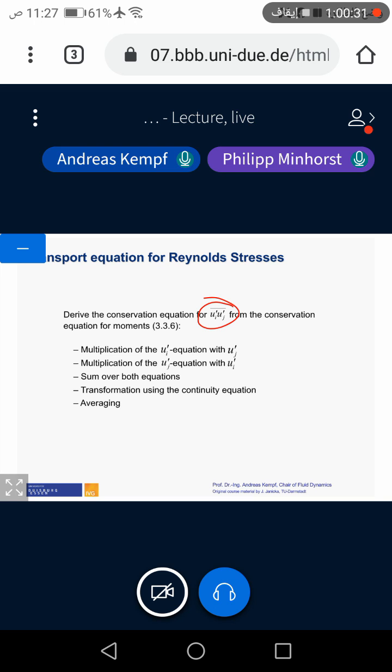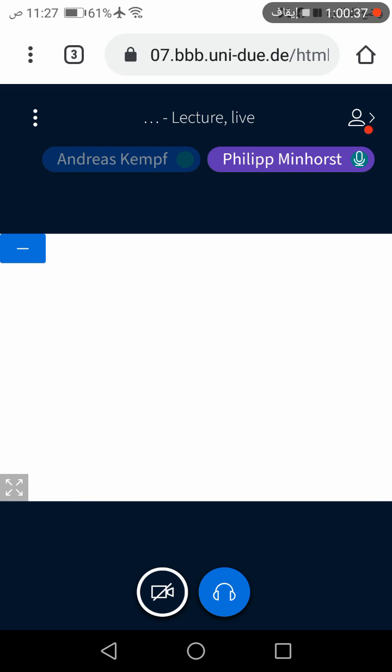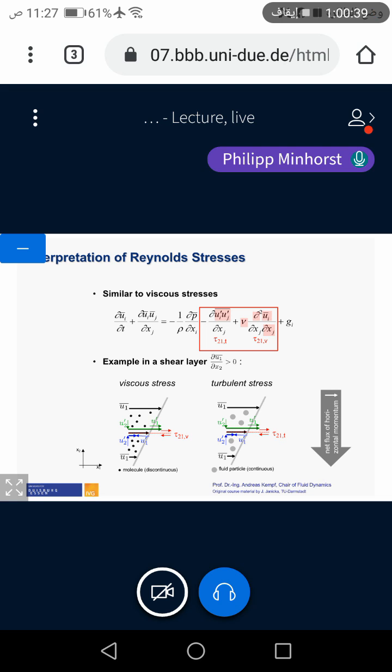A question. Yes, please. A few slides ago, you had the little sketch with the viscous stress and the turbulent stress. On the right side, the turbulent stress, the particles are slightly larger than on the left. Yeah, on the left-hand side, what we look at are essentially molecules, single molecules.